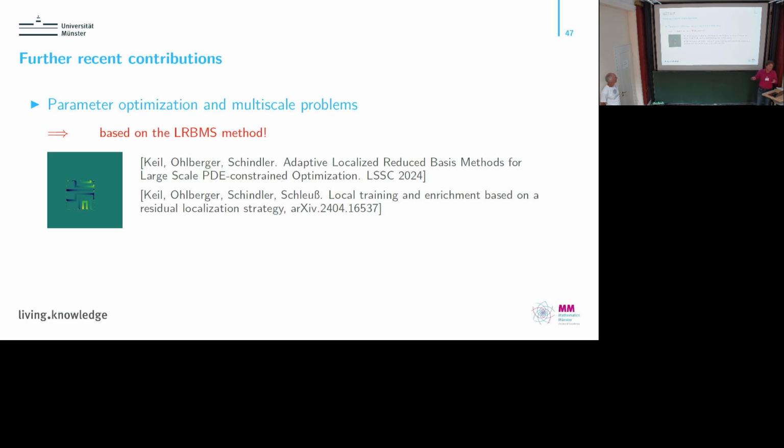We did the same, not just with the LOD, but we worked also with our horse, which is the localized reduced basis multiscale method. So I wanted to present LOD in this audience, but this method in the context of optimization is here, and we work also on a combination of local training, where we use this randomized rangefinder, which is close to what you presented, based on this work of Boer and Smetana, where we currently work on such general problems.